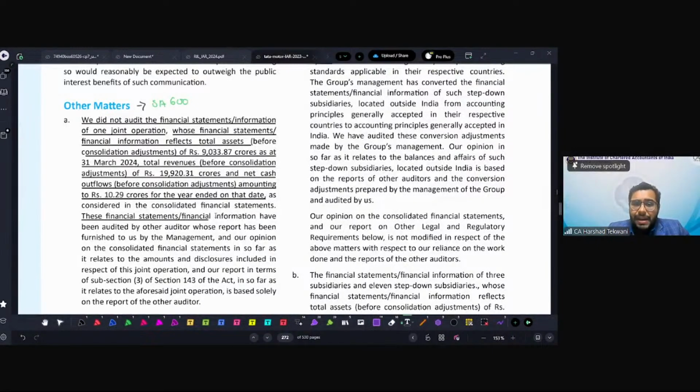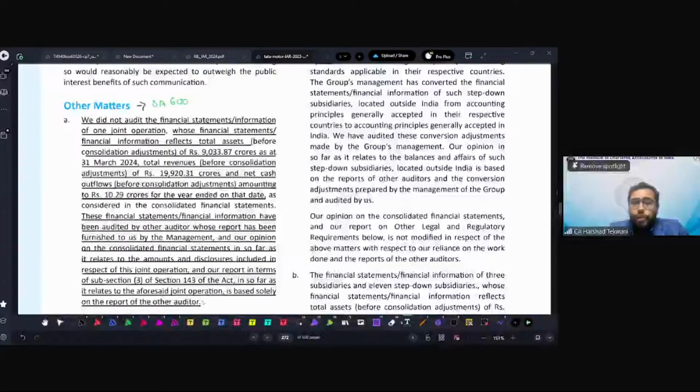These financial statements and information have been audited by another auditor whose report has been furnished to us by management, and our opinion on the consolidated financial statements, so far as it relates to the amounts and disclosures in respect of these joint operations, is based solely on the report of the other auditor.